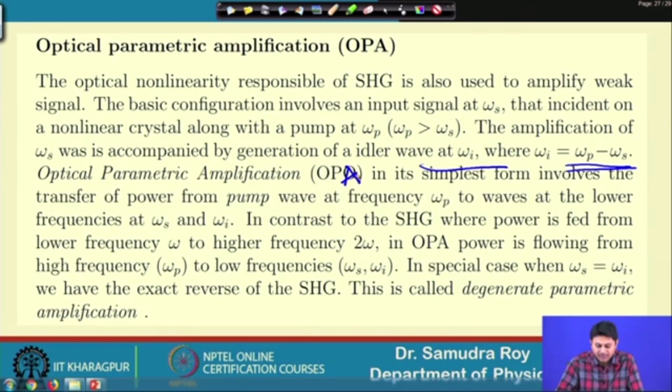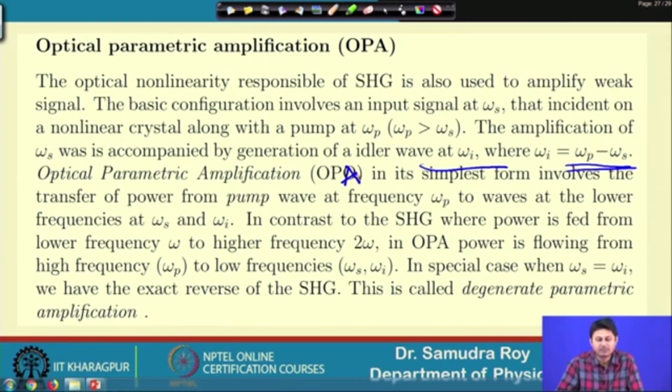But in optical parametric amplification in general, we can also amplify lower frequencies which are non-degenerate. When omega s and omega I are the same, it is the degenerate case, which we call degenerate parametric amplification. Degenerate parametric amplification we have already studied.